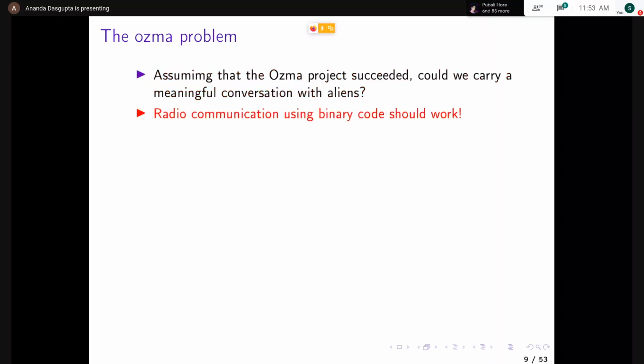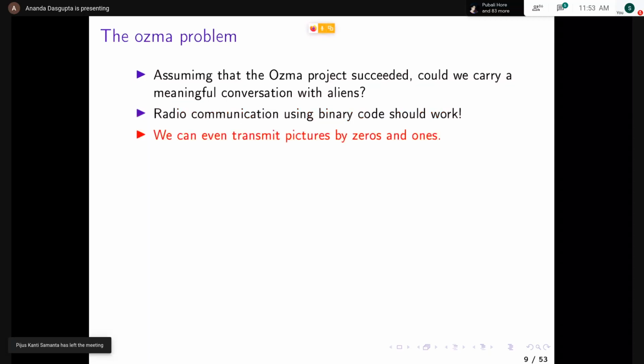And ultimately, radio communication using binary code should work out. And we can even transmit pictures by zeros and ones. That's pretty easy to do. You can take a picture, imagine that it's some rectangular picture that you want to scan and send. You can break it up into many tiny boxes and just tell the alien using your binary code whether each box is dark or black or white, let's say, by using zeros and ones.